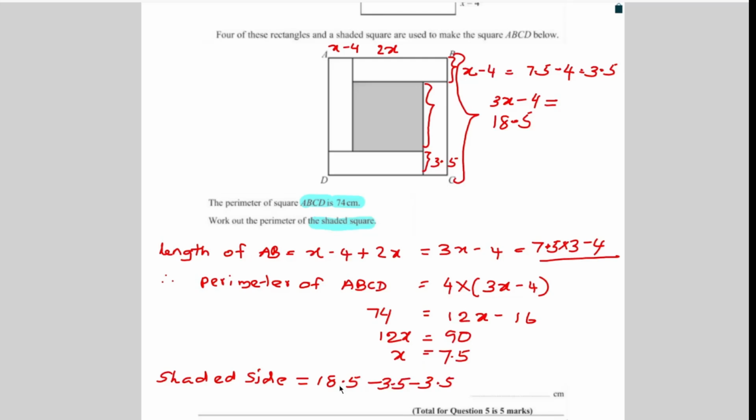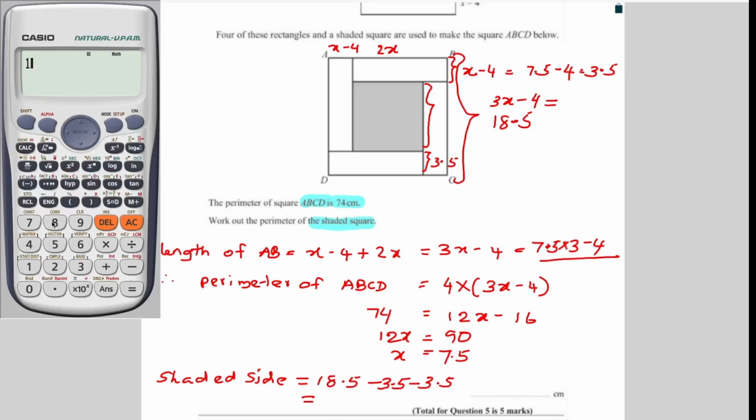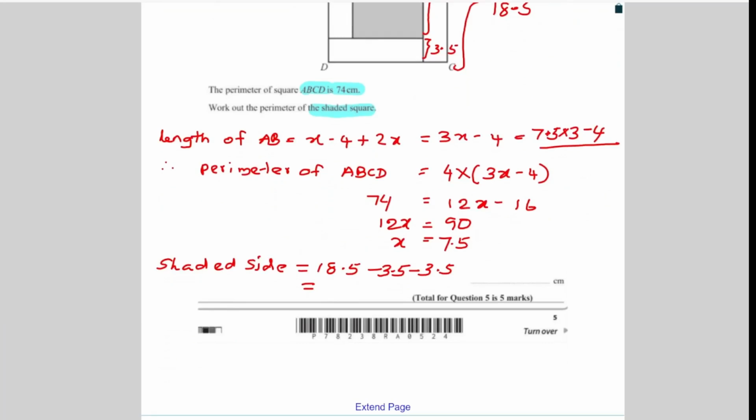Then 18.5 minus 7 gives 11.5. So this shaded length, one length is 11.5.